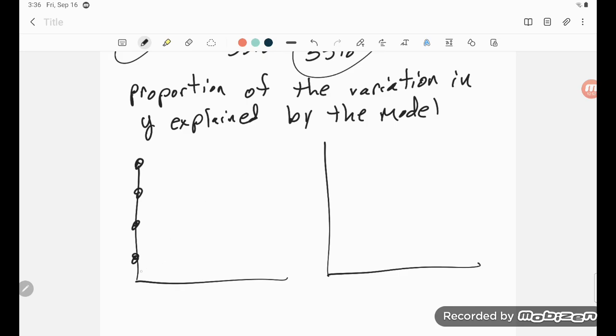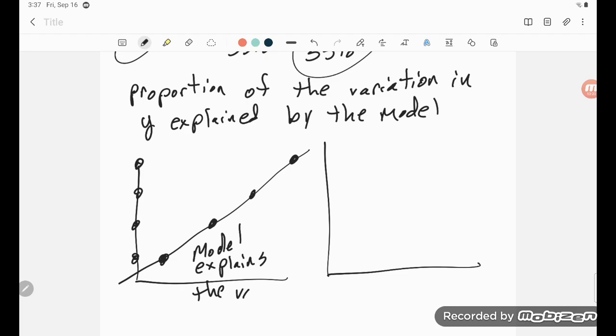Well, if they happen to go with x values such that there's the first y value, there's the second y value, there's the third y value, there's the fourth y value, you see the model explains the variation, because the y values with their given x values land right on that model.